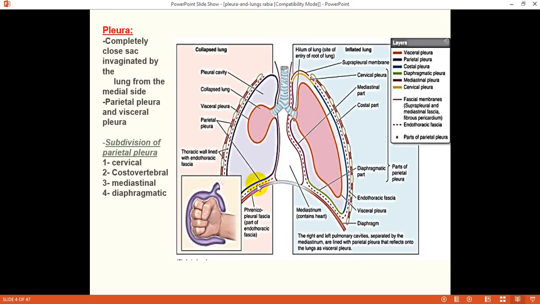diaphragmatic surface is separated from the actual part of diaphragm by a loose connective tissue layer which is called phrenicopleural fascia. And then the costal surface is separated from the thoracic wall by loose connective tissue fascia which is called endothoracic fascia.